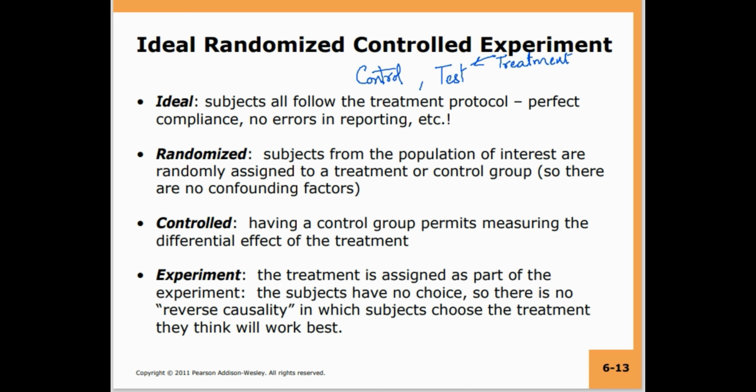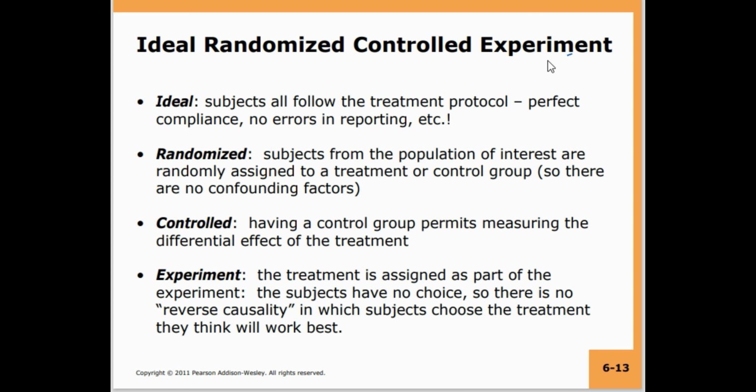So suppose you are looking at the effect of light on the growth of plants. In the test group, all the plants will be put in the light, and in the control group they will be put in the dark, and you will look at the difference in growth between these two groups, and you will do it in a very controlled laboratory kind of situation where nothing else is changed. So everything else will be controlled in a very stringent manner.